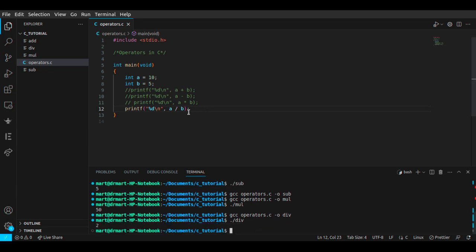Of course, 10 divided by 5 is 2. Now I just want us to see something. What if b is not 5, but 4? If you are calculating 10 divided by 4 with mathematical arithmetic, you would expect a value like 2.5. So let's see what this would be. Let's compile again.